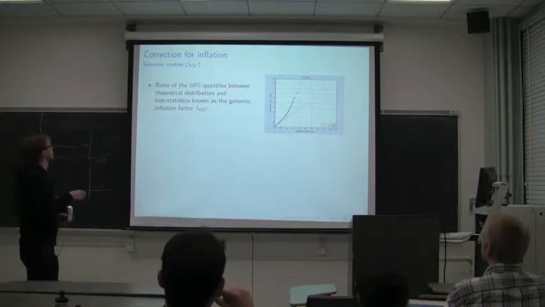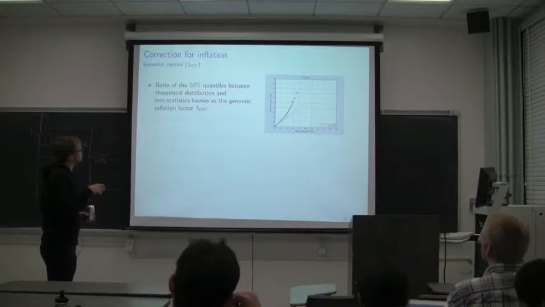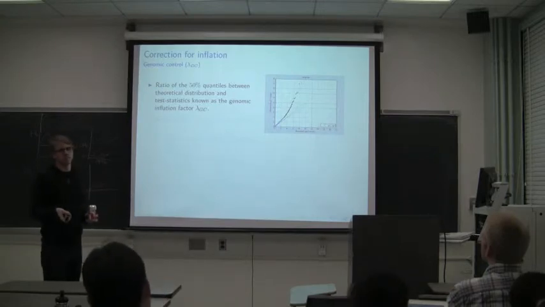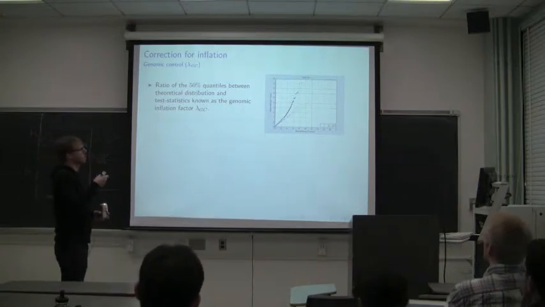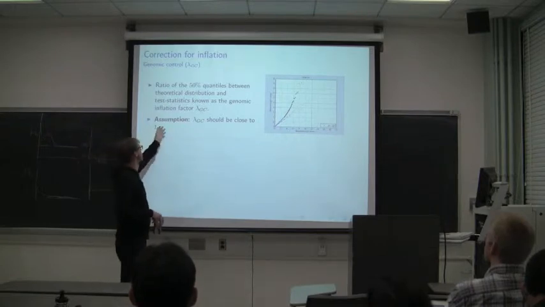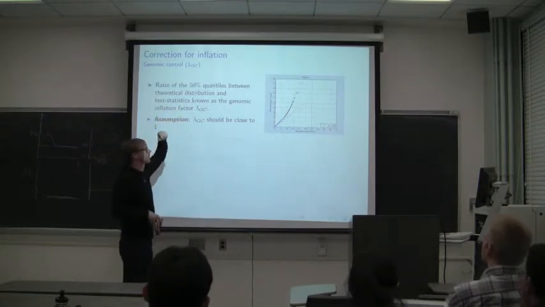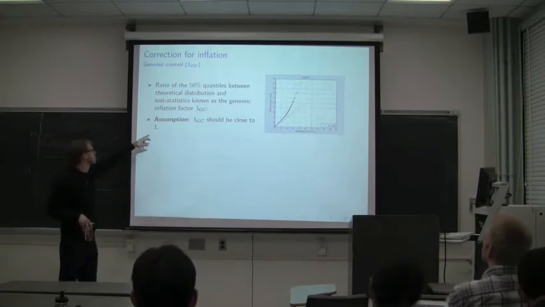This is what the so-called genomic control procedure does. It computes the ratio of the 50% quantile under the null, which is minus log of 0.5, over the minus log of the observed. Under this assumption that the 50th percent quantile should still be null, this should be close to 1.